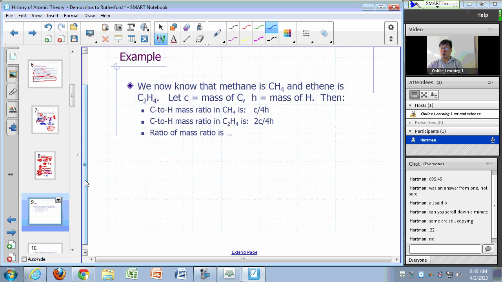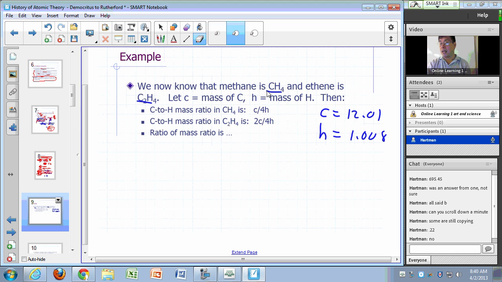So we now know that methane is CH4 and ethene is C2H4. The modern value for the mass of a carbon atom is 12.01. The mass of a hydrogen atom is 1.008, right? So the mass of carbon divided by 4 times the mass of hydrogen atoms would be the mass-to-mass ratio in CH4.